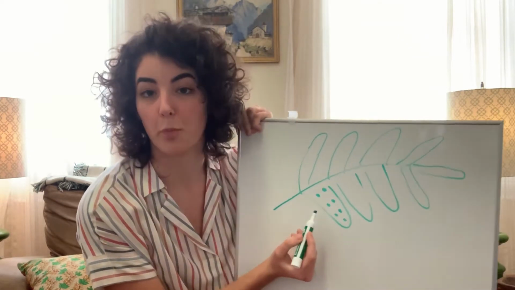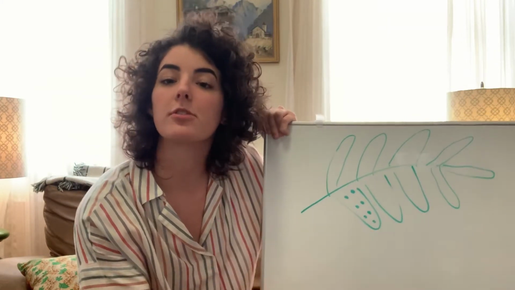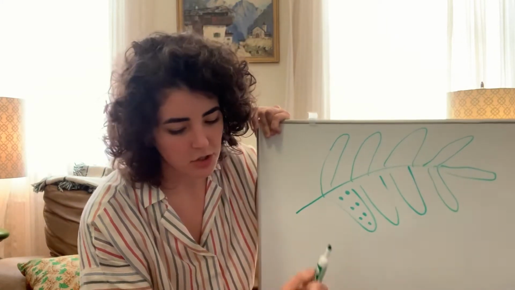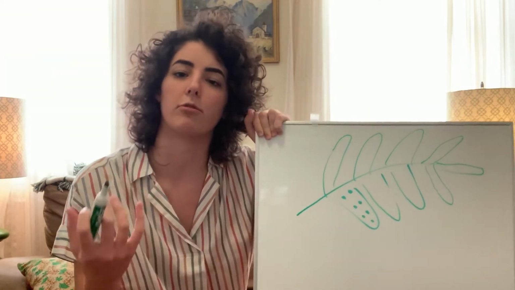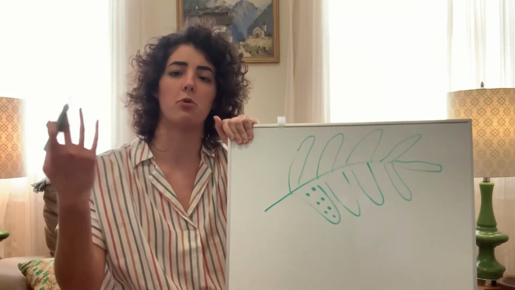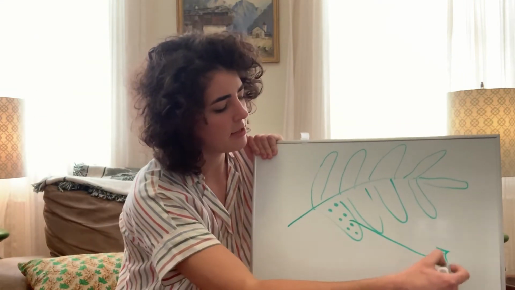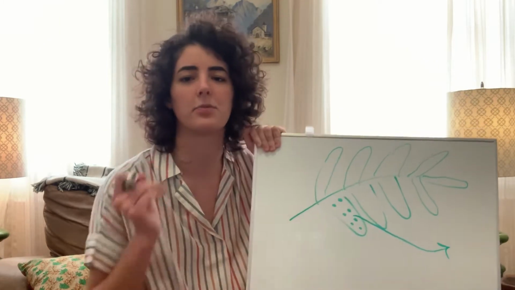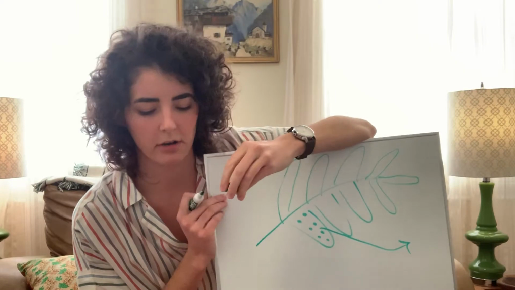These are called sporangia, and they are basically clusters of spores. So these spores form on the underside of the fern frond, and then when they have grown to their full spore form, they are released into the wind. Goodbye, spores. I hope you find some moist, beautiful ground to grow on.